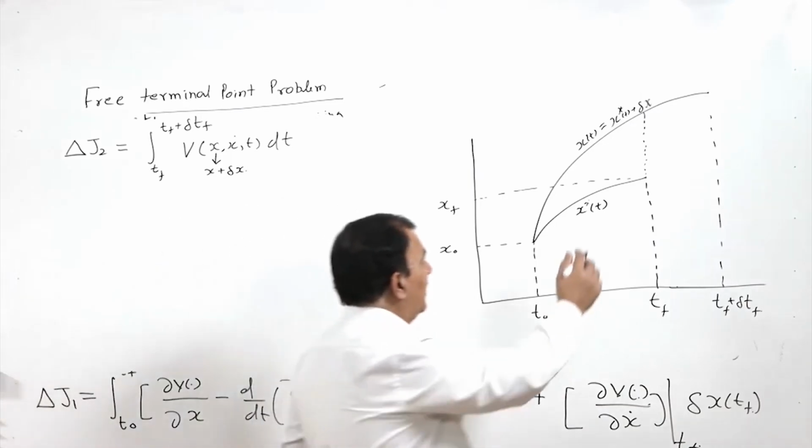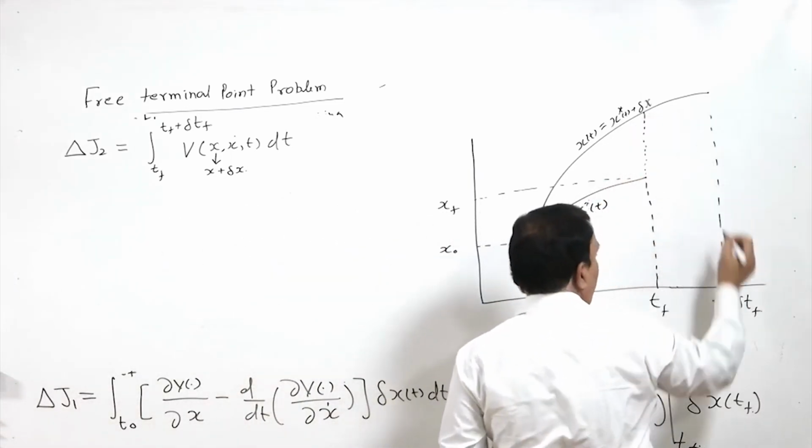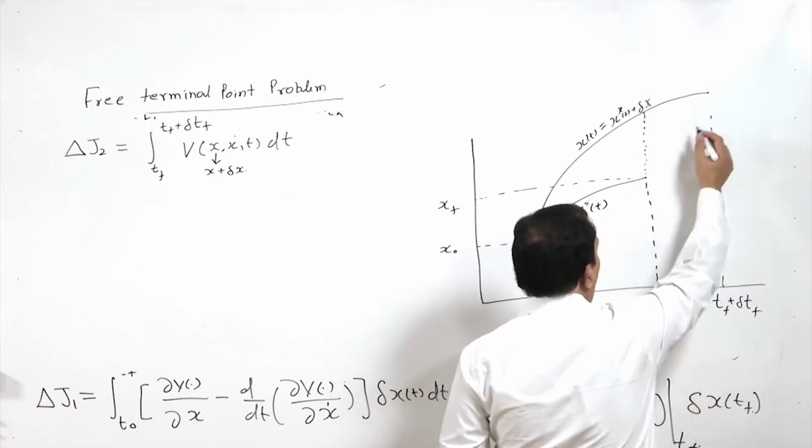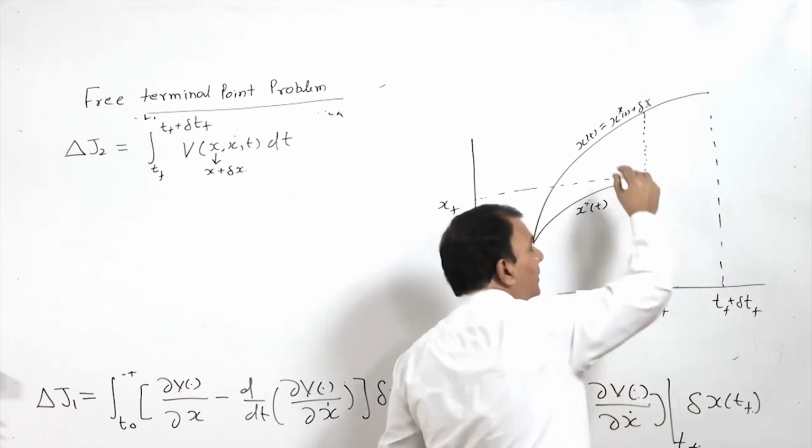So, this means x plus delta x at the Tf point is this, Tf plus delta Tf point is this. So, I can say this is nothing but the area under this curve.